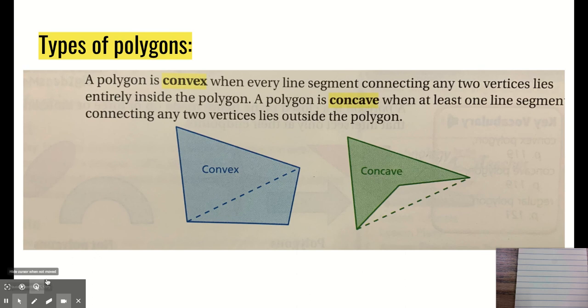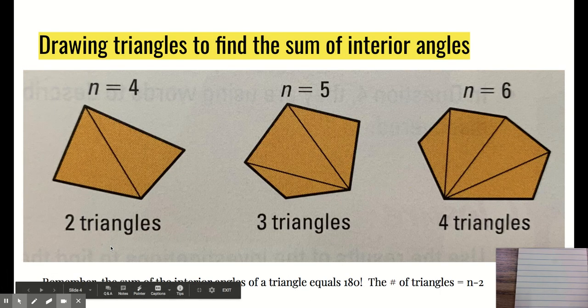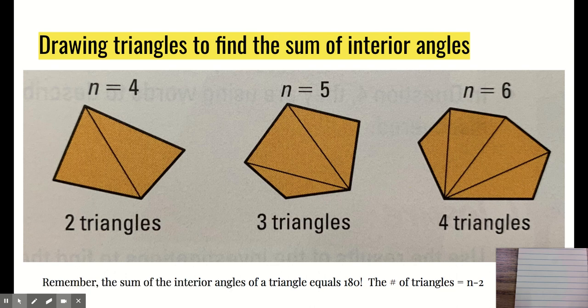So now we have a couple ways to figure out the sum of the interior angles of a polygon. Now, if you take any polygon and you draw triangles inside of it, you'll notice that the number of triangles is 2 less than the number of sides.